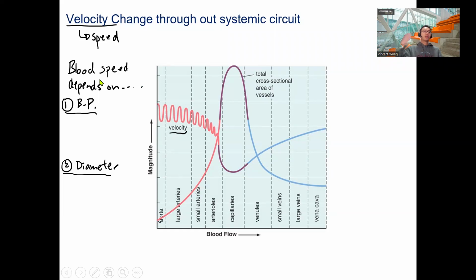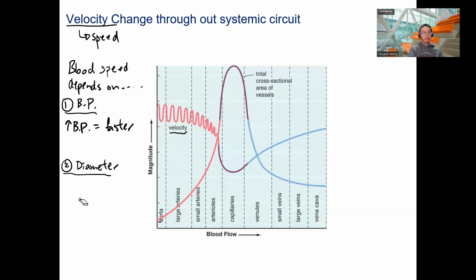Do you think higher blood pressure is faster or slower? How does blood pressure affect the speed of blood flow? Faster or slower? Higher blood pressure is faster. Yeah, exactly. Higher blood pressure is faster. So increased BP equals faster.